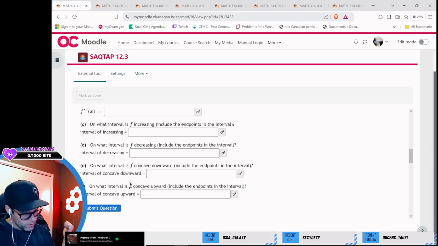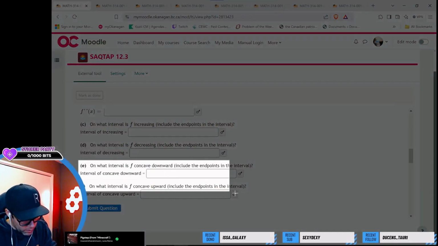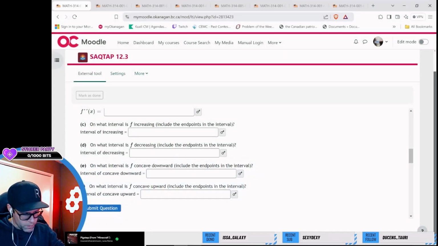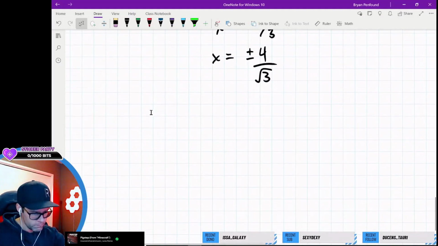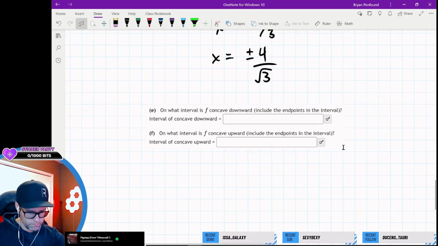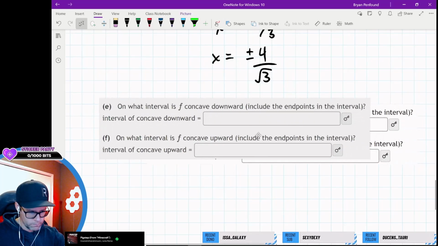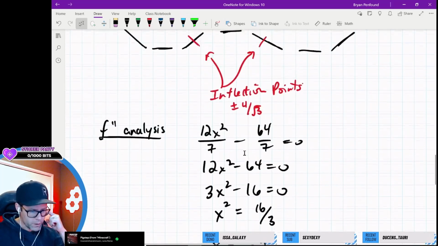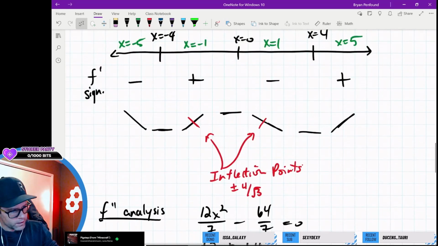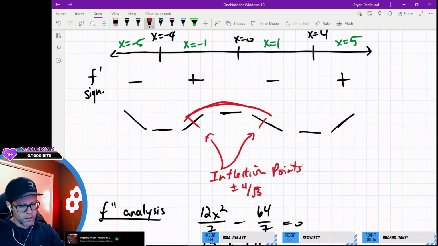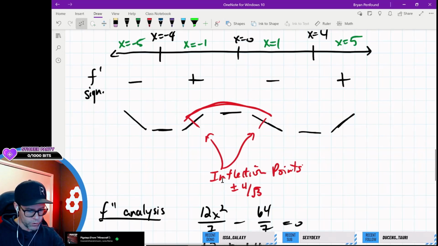And then let's figure out what's going on with our concavity to finish off this part of the question. So concave downwards. We thought that concave downwards was happening kind of in this region. So concave down is going to happen in between our inflection points, so in between the positive and negative 4 over root 3 should do the trick here.